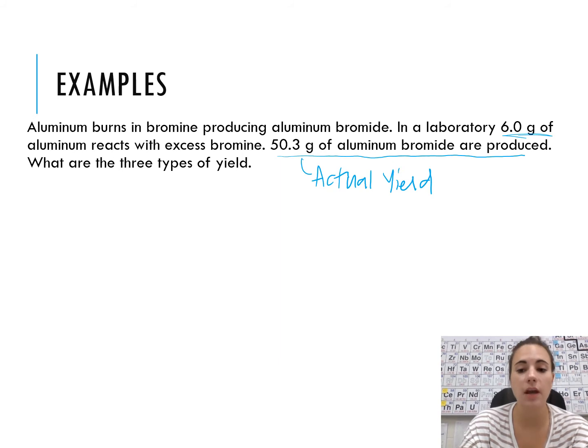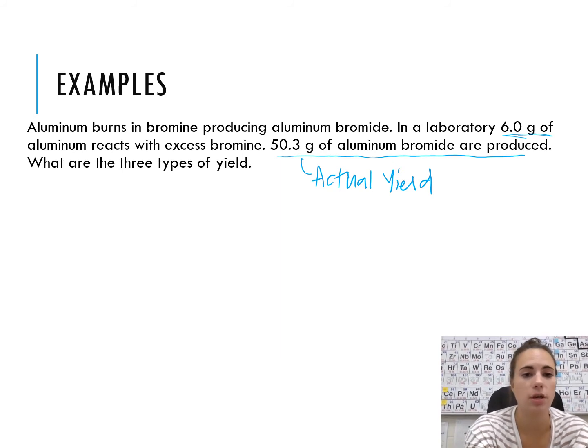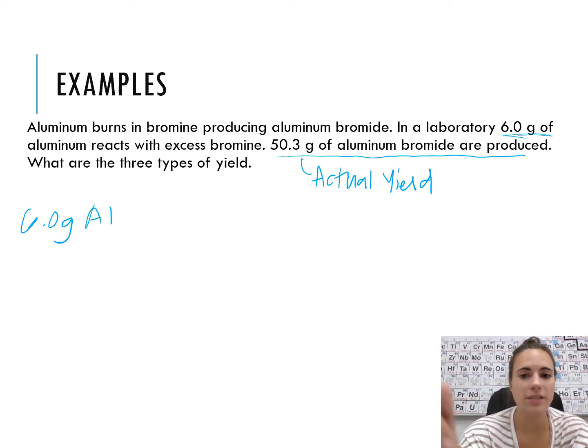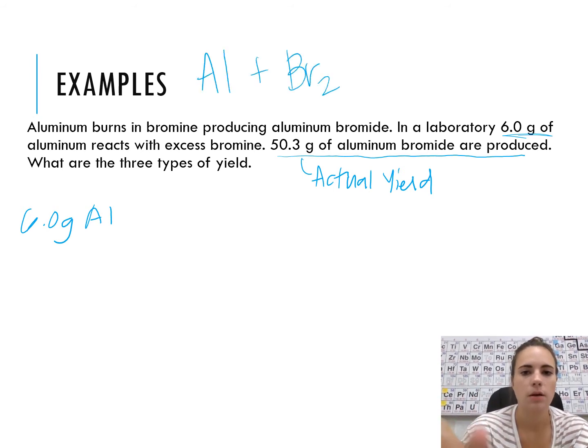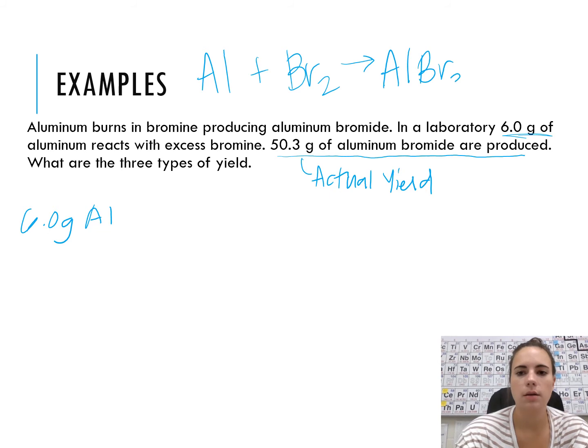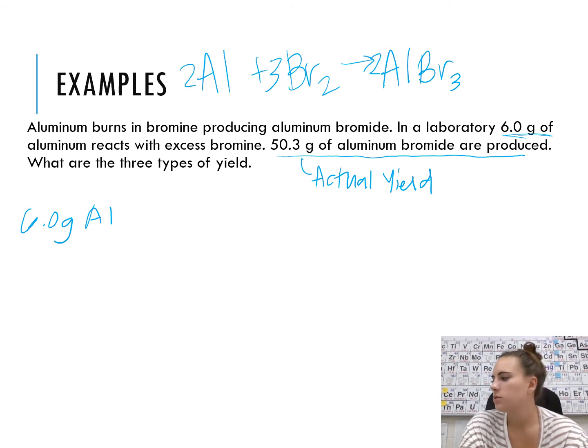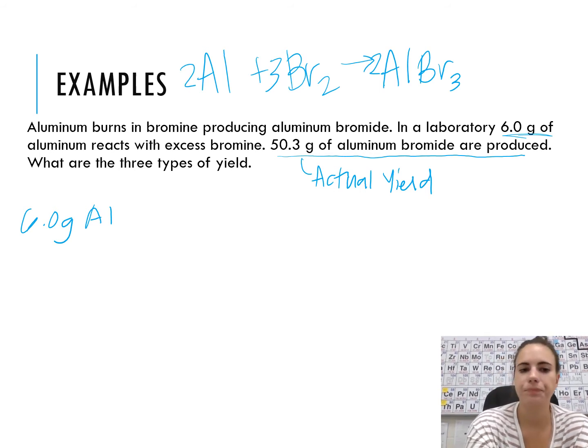Now, to figure out my theoretical yield, I have to do the stoichiometry. So I'm going to start with 6 grams of aluminum. Well, in order to know my mole ratio, like always, I've got to start with a balanced chemical equation. So aluminum burns in bromine. Can't forget that bromine is diatomic, and it forms aluminum bromide. So now I have to balance this equation. So I'm going to need a 3 here, 2, and a 2. So now I have a balanced chemical equation.